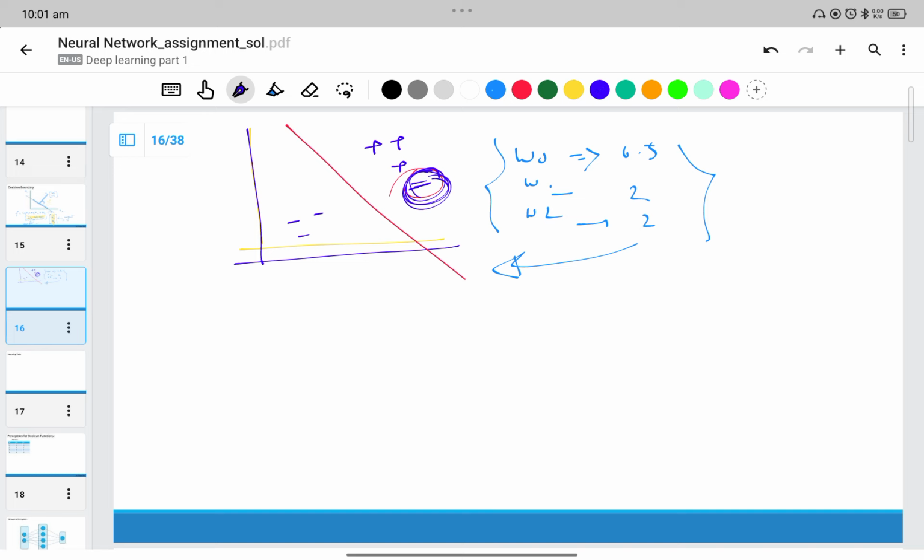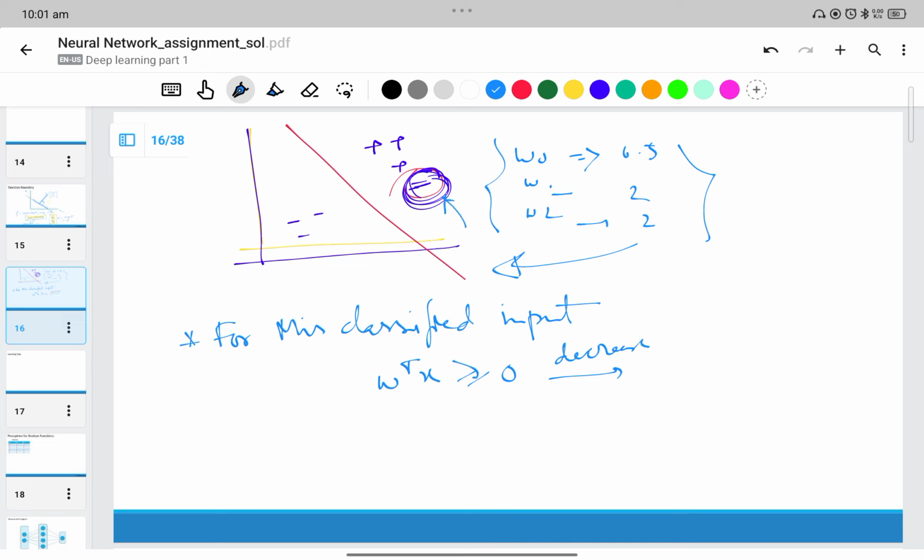So whenever we get a wrong prediction for a misclassified input, we have w transpose x greater than 0. We want to decrease w based on the input vector, so that w transpose x is less than 0 for this misclassified input. This misclassified input was actually minus, and we predicted it as plus.